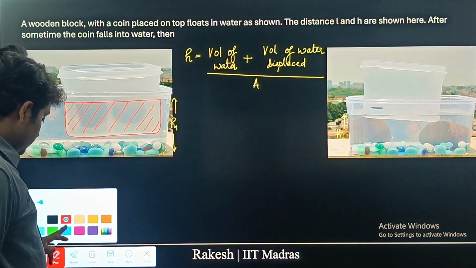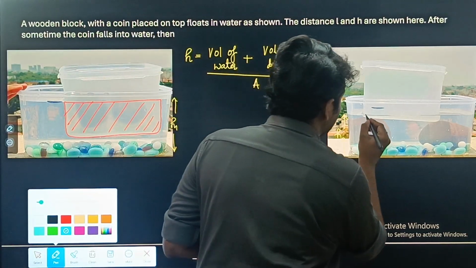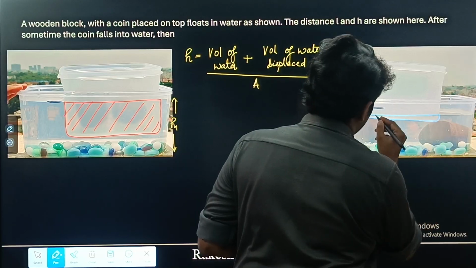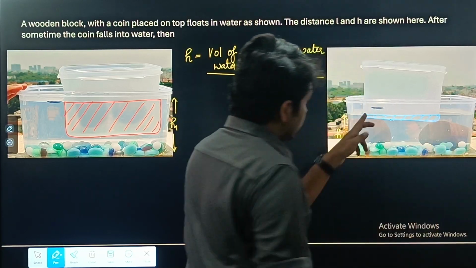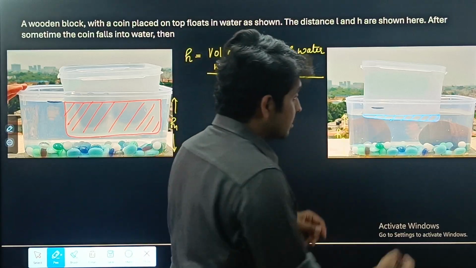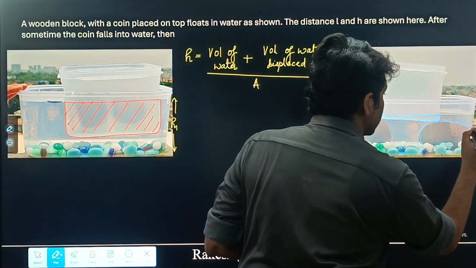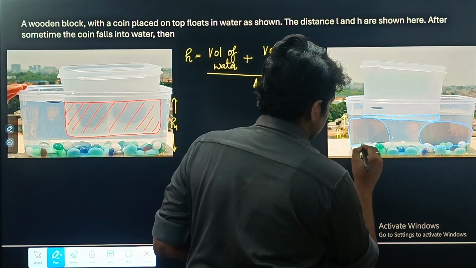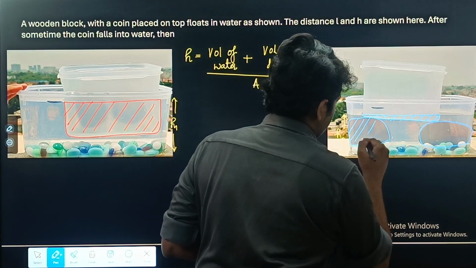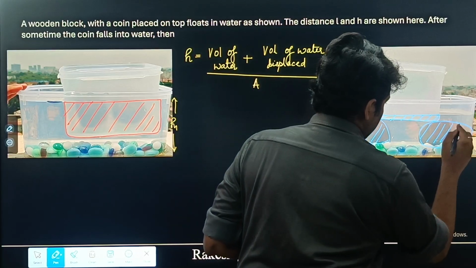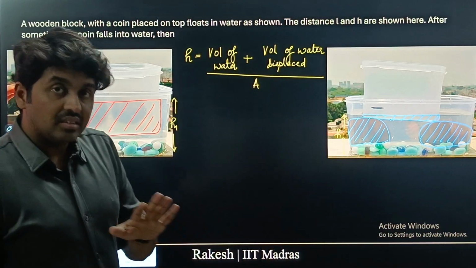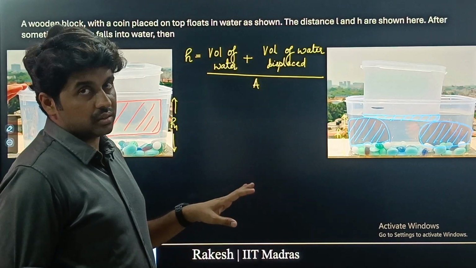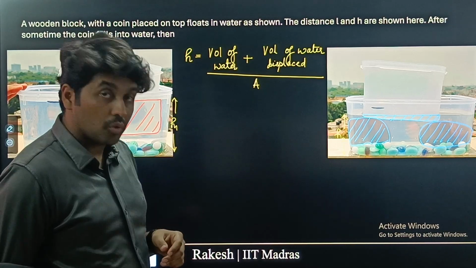And in this case, the volume of water displaced is this volume which is inside, and the volume of rocks which are there inside. If we can say which volume displaced is more, then yes, the height of that water level will be more.